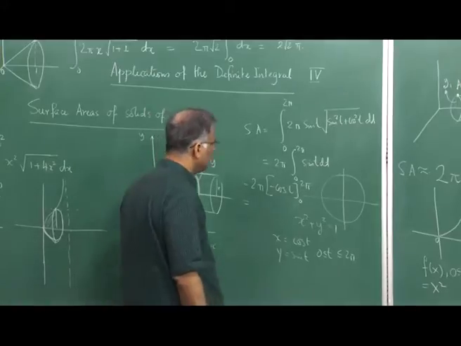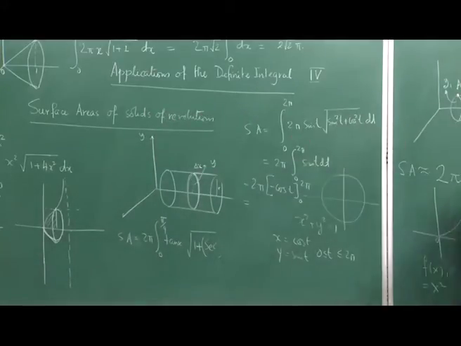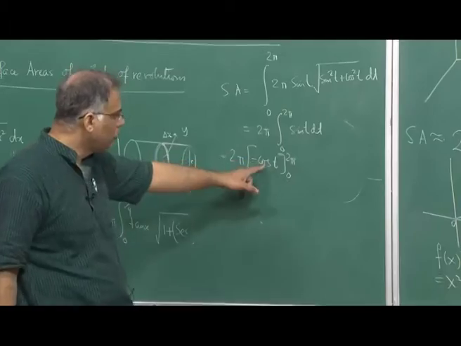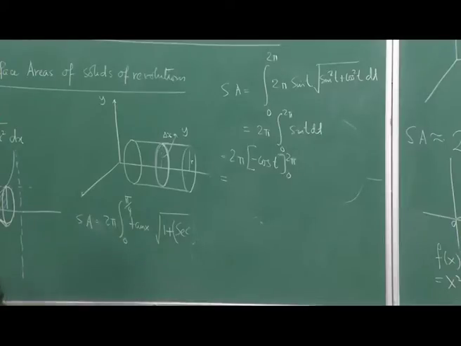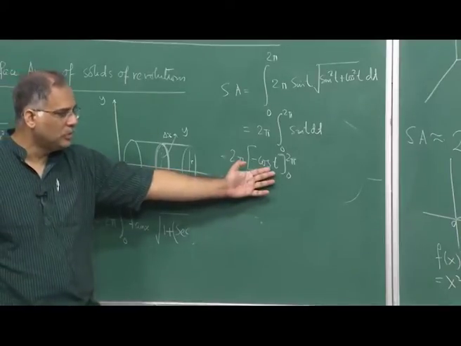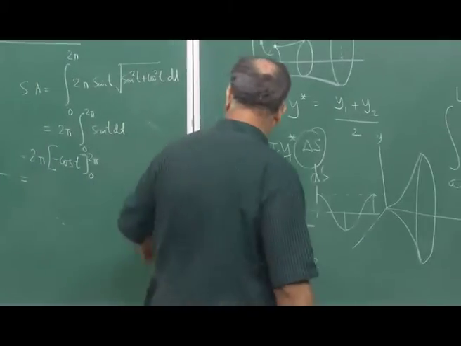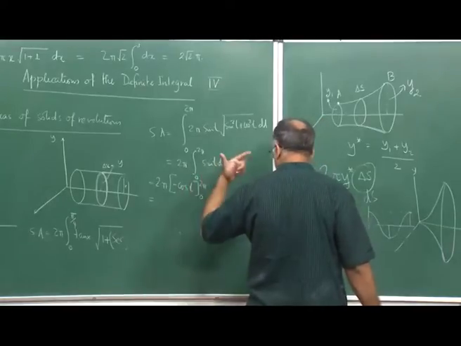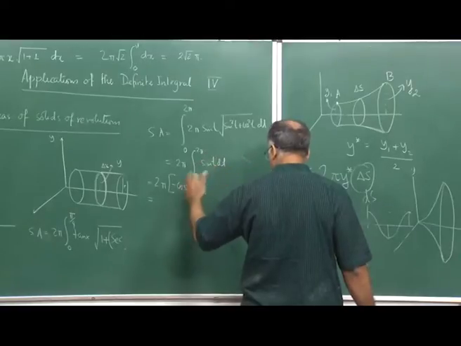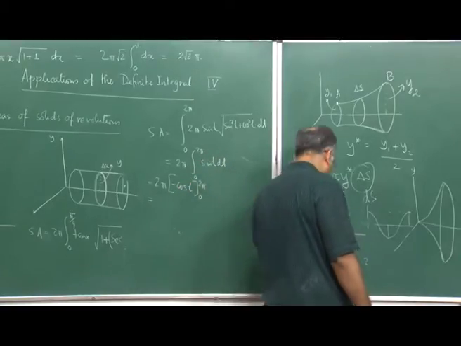I am finding the surface area. Now you see if you do this you get the surface area to be 0, because cos 2 pi is cos 0 which is the same as 1. So, minus 1 minus minus 1 plus 1, it will become 0.